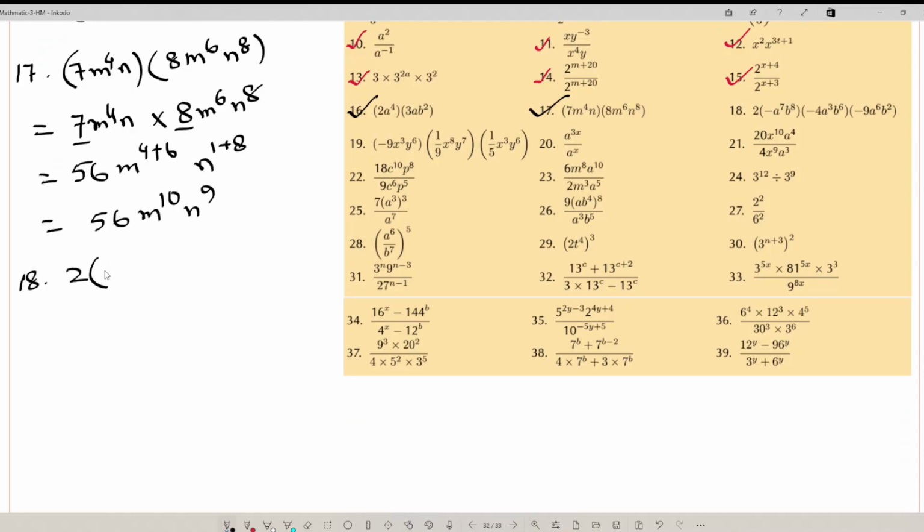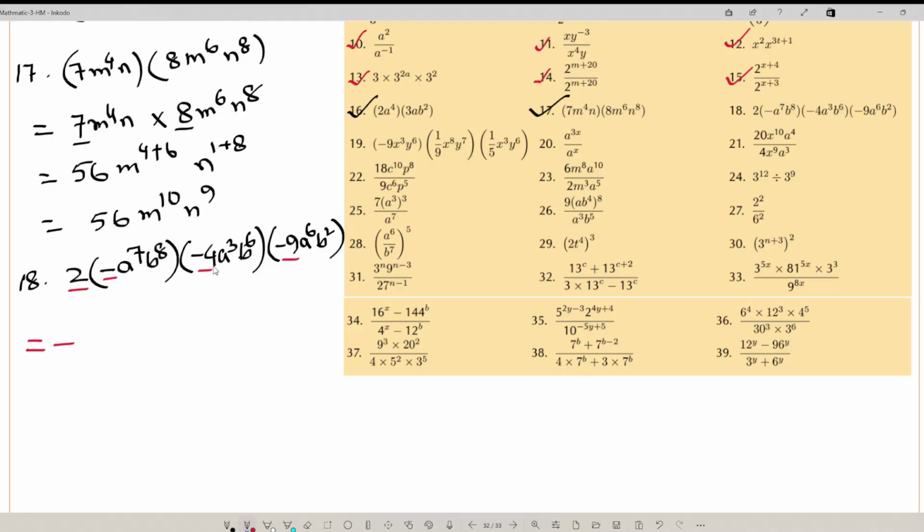Now 18. 2 inside bracket, minus a to the power 7 b to the power 8, then minus 4a cube b to the power 6, then minus 9 a to the power 6 b square, right? This one we already know, it is just a product thing. So 2 minus 4 minus 9, minus and minus is plus, so minus out, but here is also another minus, so 3 minuses, it will be minus, right?